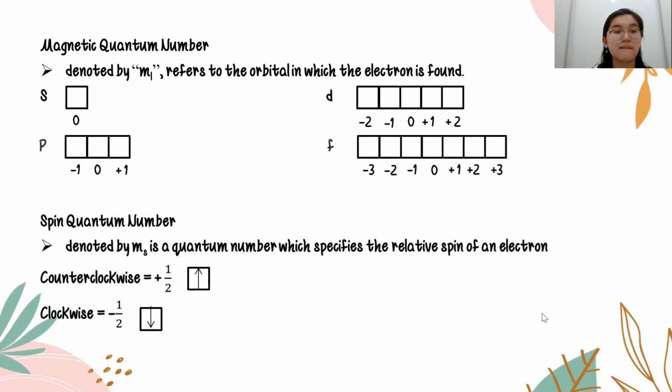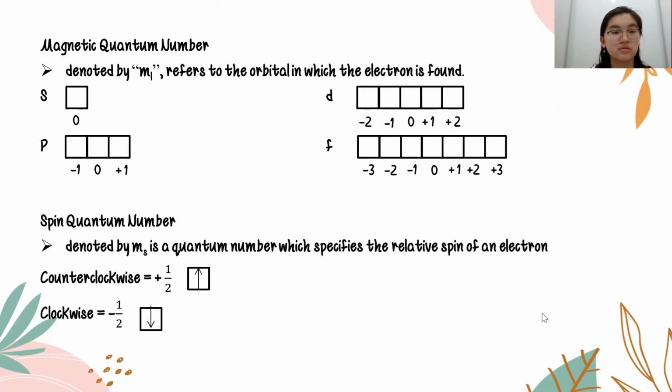And then the magnetic quantum number, denoted by ml, refers to the orbital in which the electron is found. The box is 1, and the box represents the orbitals, where every box can only hold 2 electrons.